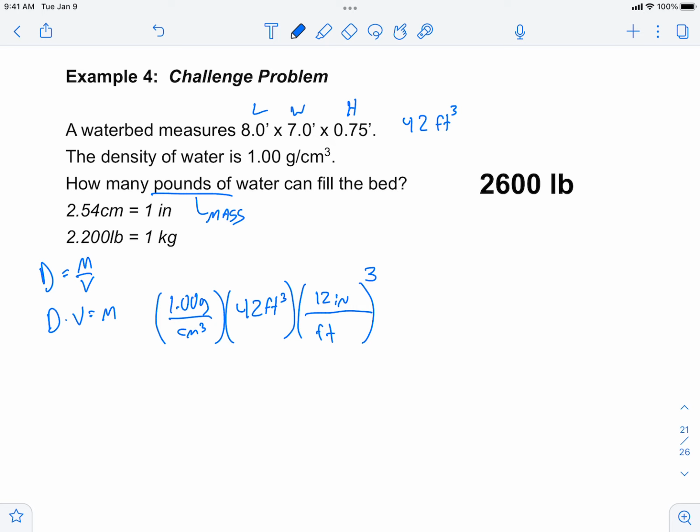I need to do it a total 3 times because that's the only way that I'm going to cancel my cubic feet. Now, what unit would result by doing that? More specific? It's just cubed. So that process right here converts my feet cubed into inches cubed. Will inches cubed solve my problem? No, I need to do something else.